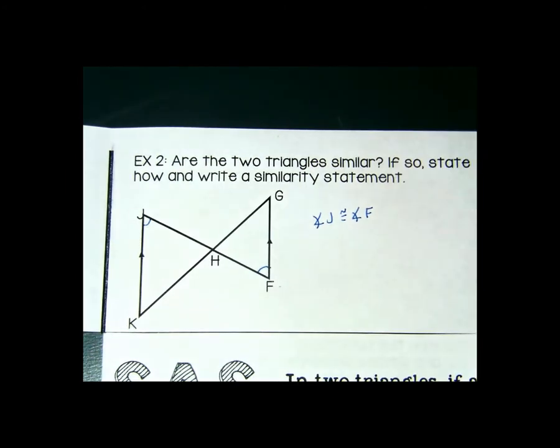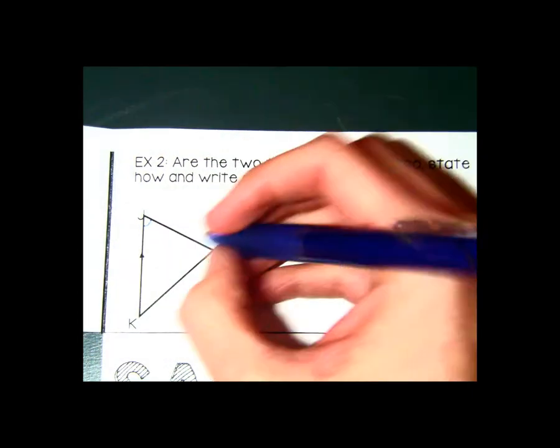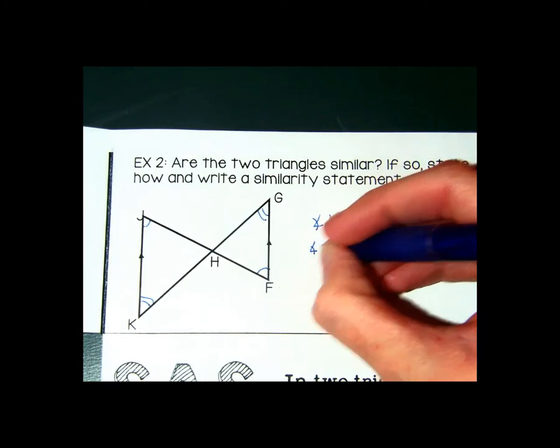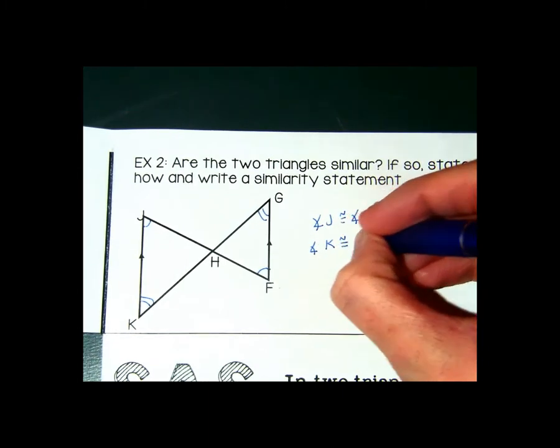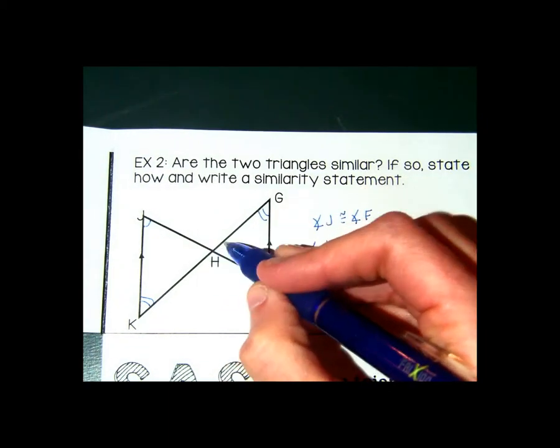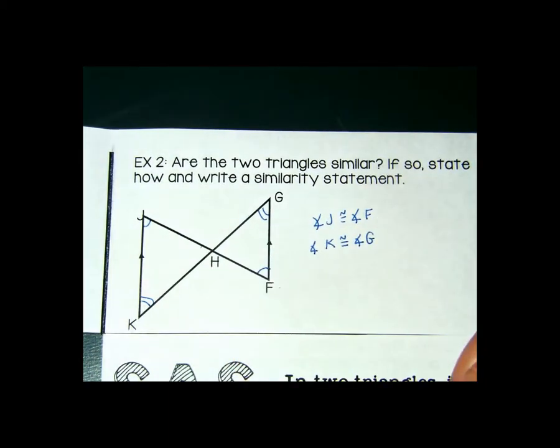You cannot forget all those things we've learned in the past. Similarly, we have K and G, as they are alternate interior angles. We can actually prove that all three are congruent. We just don't need them because right here we have vertical angles. But we have two, so we have enough.